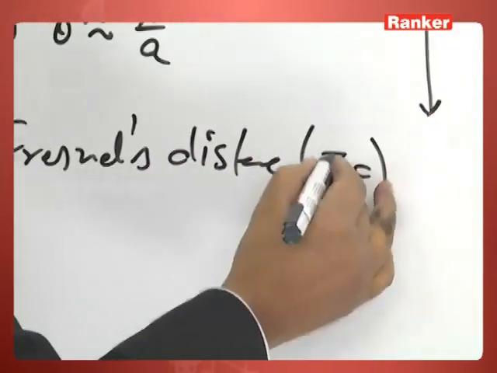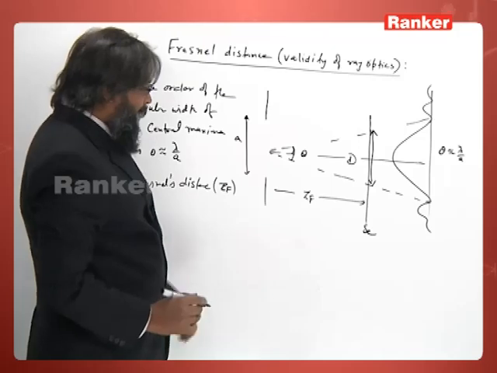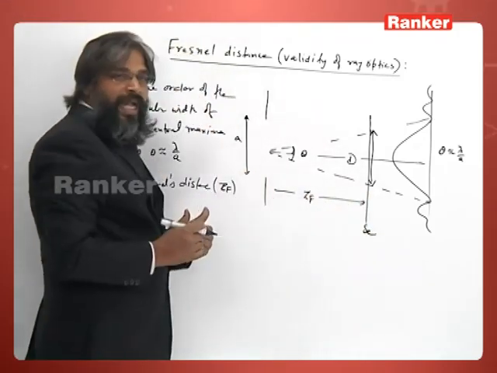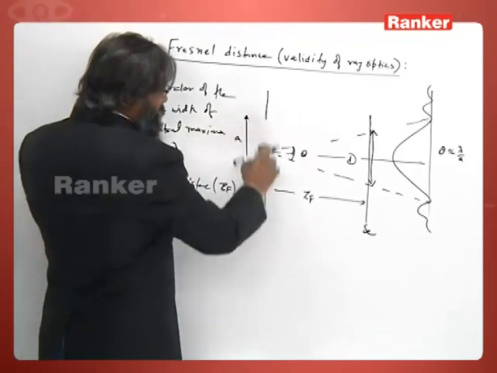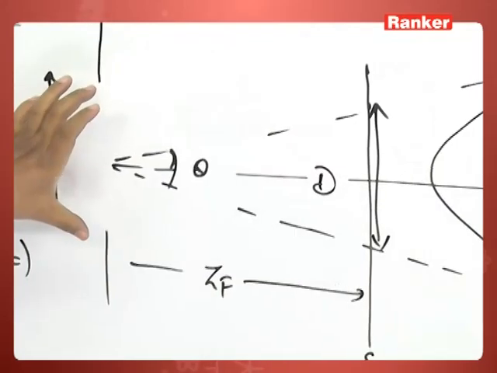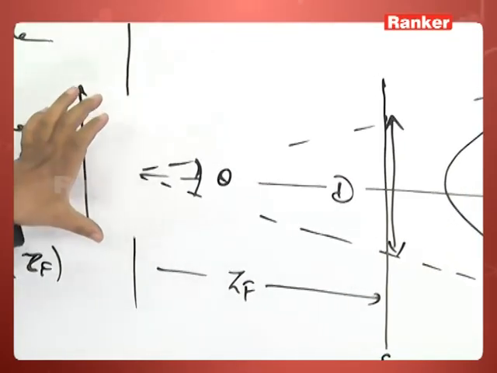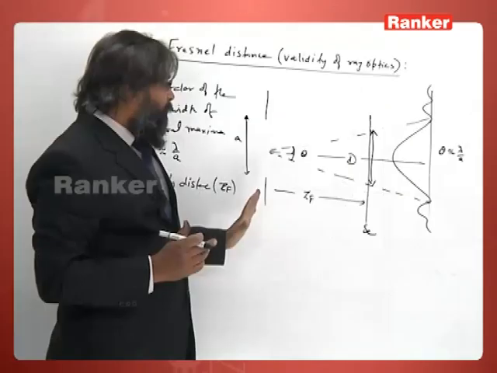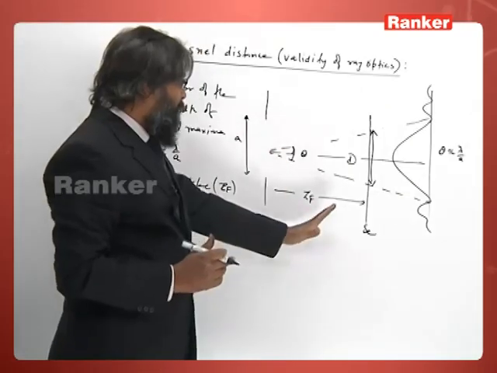Now if my screen is closer than ZF, then this is an opening. If I have a parallel light here, then even if I neglect the diffraction effect, I will get that this light is within this region. That means the validity of ray optics will be there.